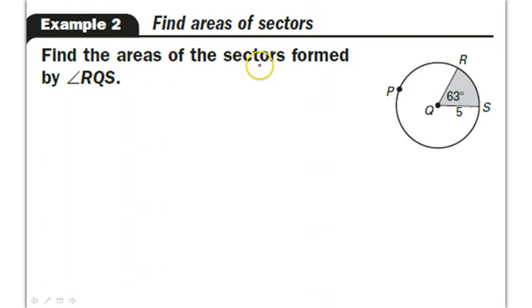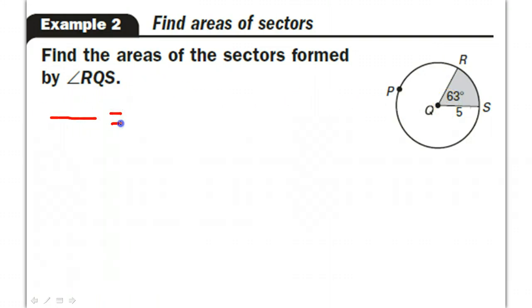Find the area of the sector formed by angle RQS. In other words, the shaded area here. We're going to find the area of that sector. So here we go. As soon as we see that it's a slice of a circle, we're going to think part over whole equals part over whole. So let's do that.